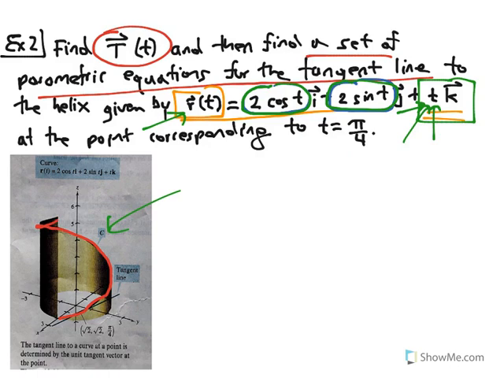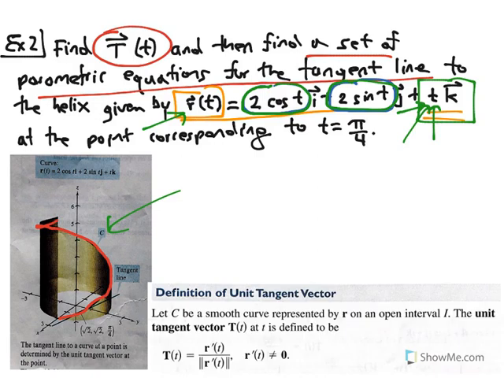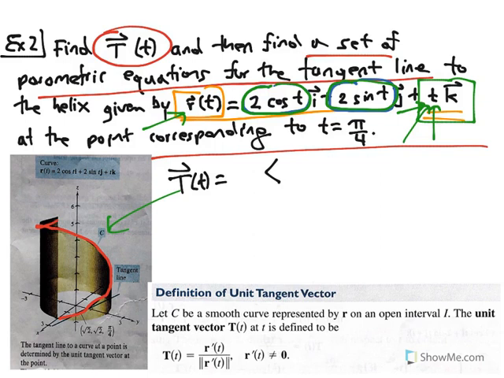So now what we want to do is find the unit tangent vector. That's easy to do. To find the unit tangent vector, we're going to find r prime of t and multiply by 1 over the magnitude of r prime of t. So the unit tangent vector is as follows. r prime of t is simply, let me write the vector in component form.